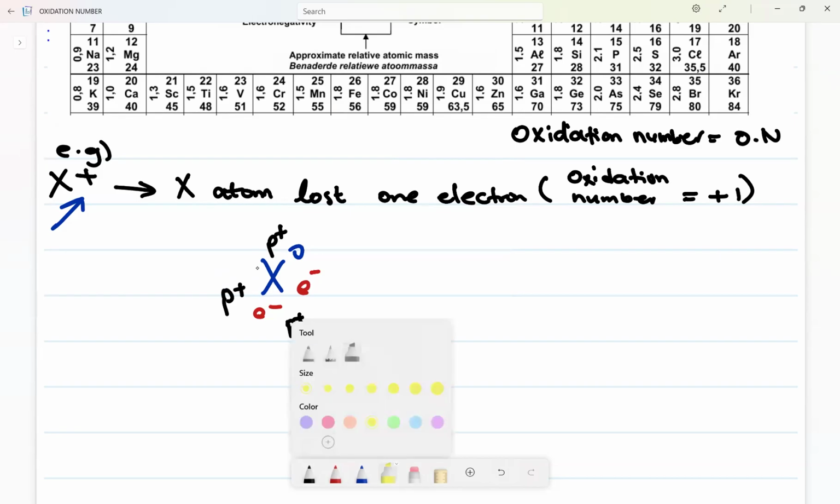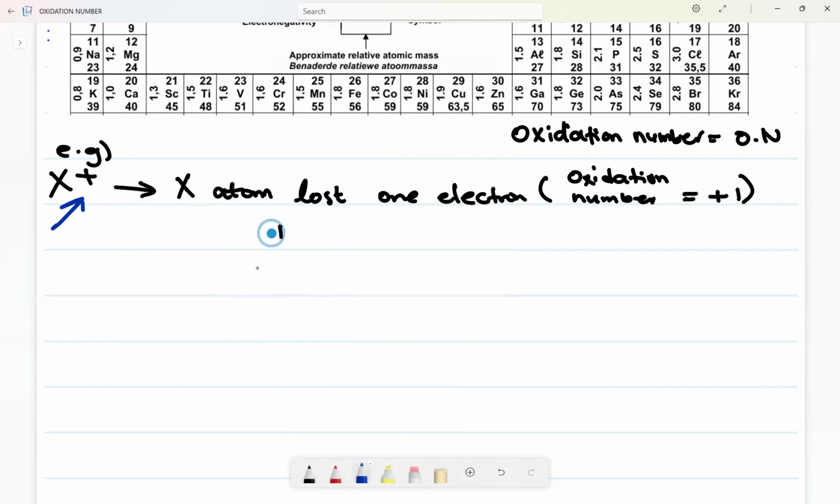So can you see that this P is going to cancel this E, and then this P is going to cancel this P. But we are left with a net charge of what? Of plus. Hence now we are saying when it is X plus, it means it has lost what? An electron. When you lose electrons, you become more positive. When you gain electrons, you become more negative. I hope that makes sense.